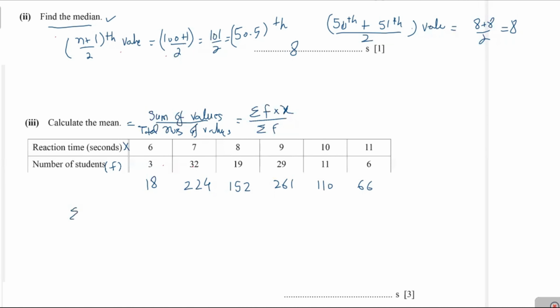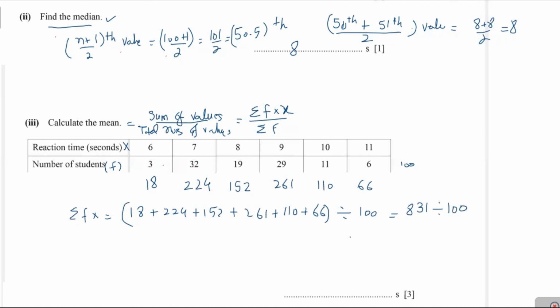Now the sum of values, summation fx, will be equal to 18 plus 224 plus 152 plus 261 plus 110 plus 66, divided by the total frequency. When you add these values, you get 831 divided by 100. The answer will be equal to 8.31 seconds, the mean reaction time.